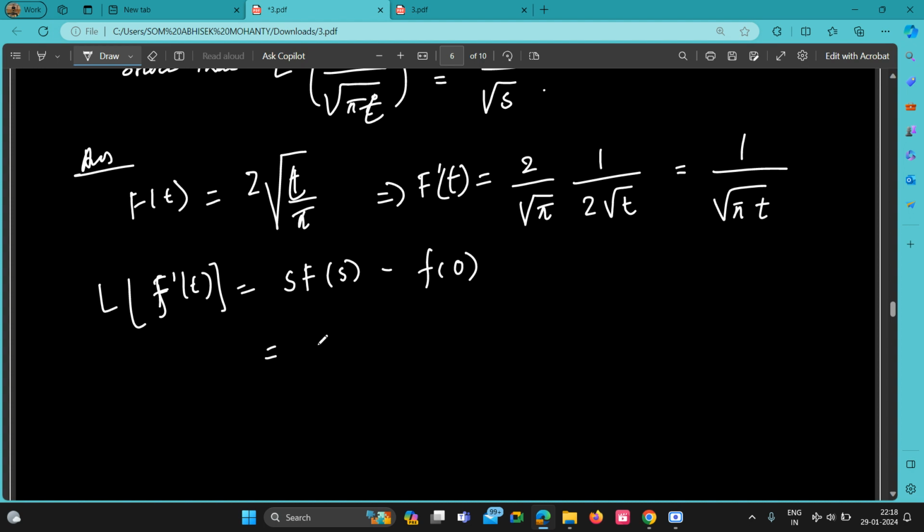That means s into L of f of t minus f of 0. That means s into 1 by s to the power 3 by 2, minus 0.